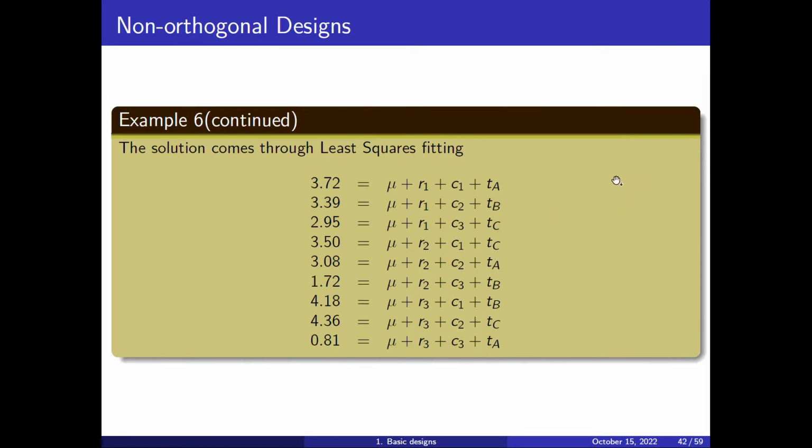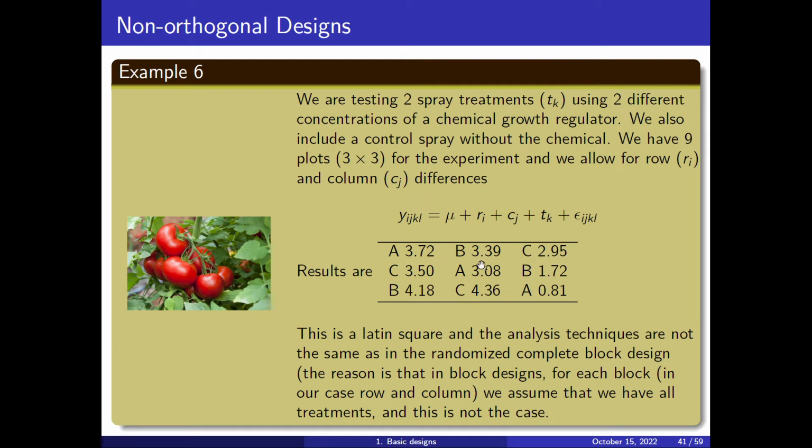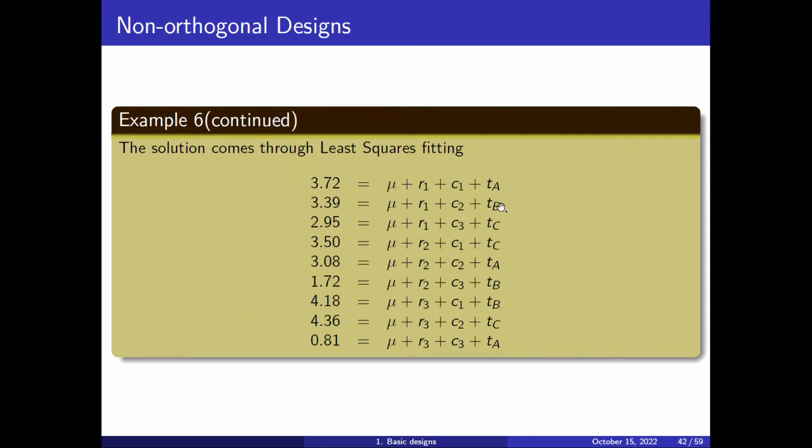Okay, so this is what I have written here. So this 3.72 is the overall mean plus the contribution of the first row plus the contribution of the first column plus the contribution of the treatment A, and then the 3.39, it is the same, but now we have column 2 and treatment B, and you can do the same for all the others.